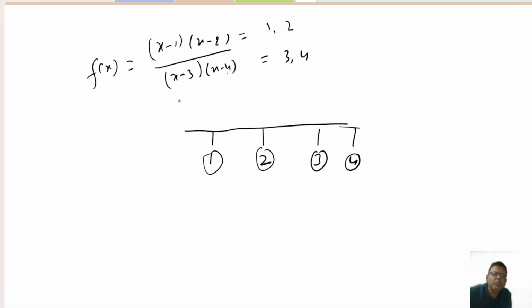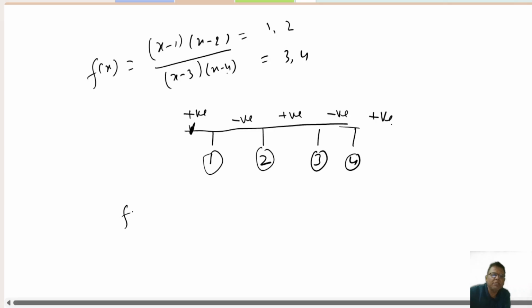Take test value 0. 0 lies here, so 0 minus 1 and 0 minus 2 give positive, and the denominator is also positive, so here it will be positive. Then negative, then positive, then negative, then positive.